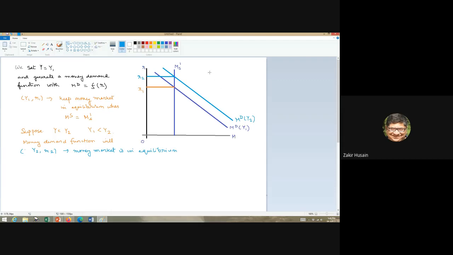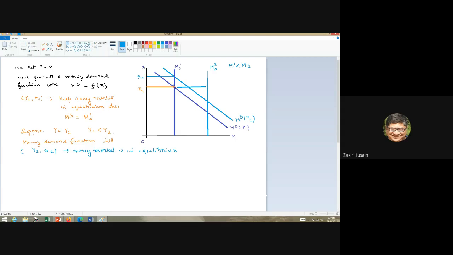Now, suppose the money supply changes. The money supply increases to this. We are considering the case when income is y1. So if there's an increase in money supply, see, this was the initial rate of interest.